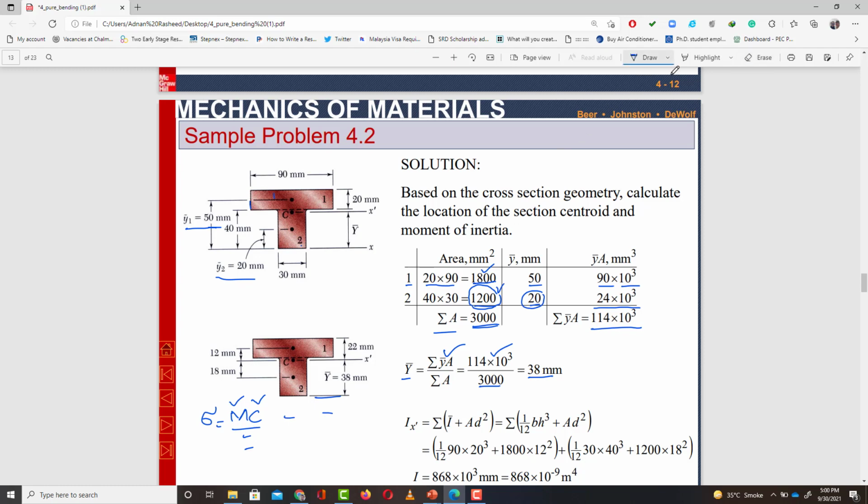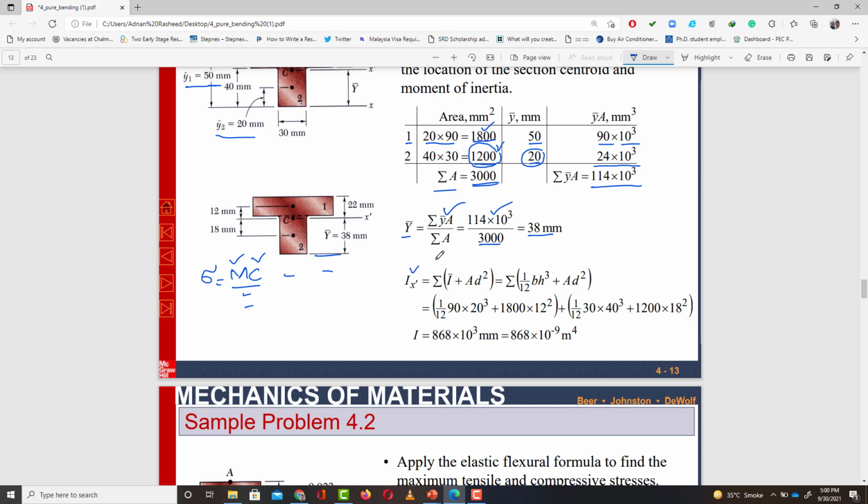If you look at this, I is equal to moment of inertia plus A d square. Actually, this formula I dash plus A d square is needed when your neutral axis is not passing through the centroid of the member. So for that we will use this.